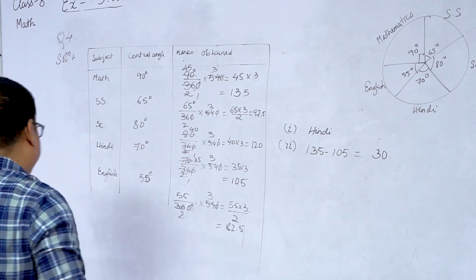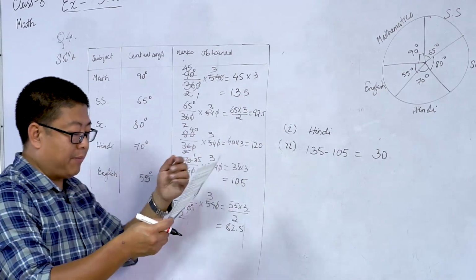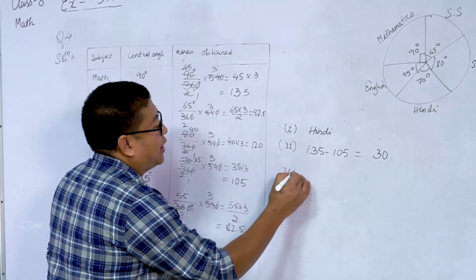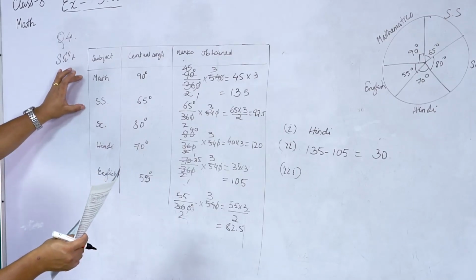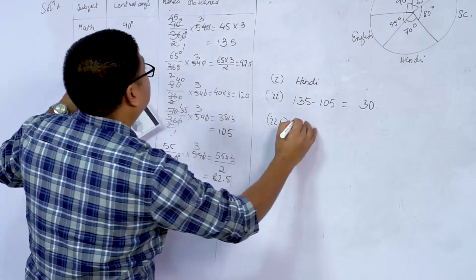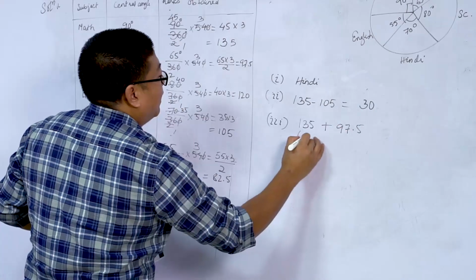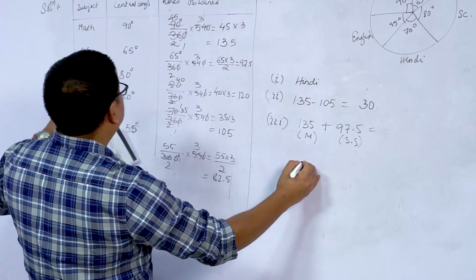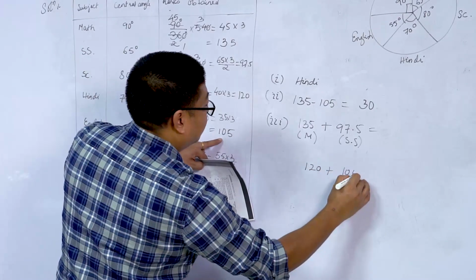And finally, the last question, examine whether the sum of the marks obtained in social science, SS, and mathematics is more than that in science and Hindi. Now we have to check if the marks scored in mathematics and social science is more than science and Hindi. So for mathematics, it is 135 plus 97.5. This is for SS. And for science and Hindi, we get 120 plus 105.